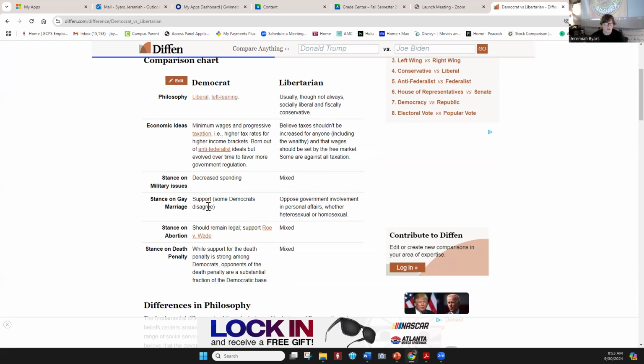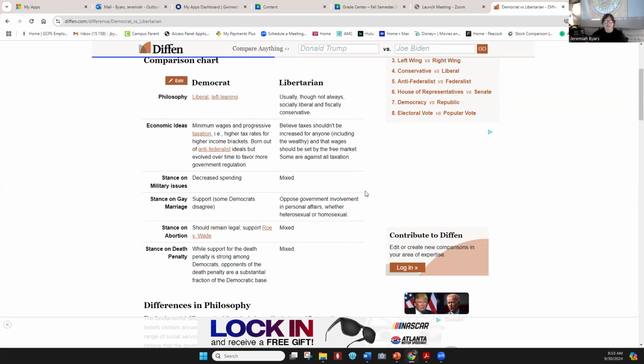Stance on gay marriage, Democrats support for the most part. Libertarians oppose government involvement in personal affairs, whether heterosexual or homosexual.